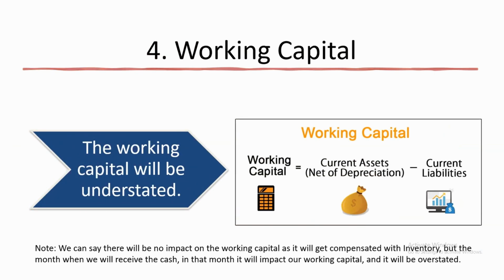But here is the catch. We can say there will be no impact on the working capital as it will get compensated with the inventory account because we forgot to record this transaction in our books of account. But in the month when we receive the cash against the sales, our working capital will be impacted and it will be overstated.